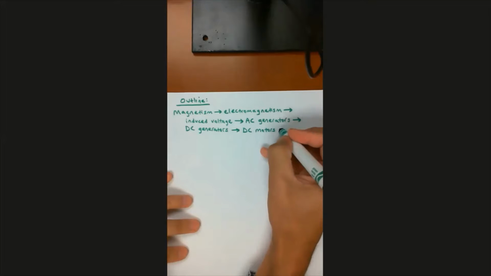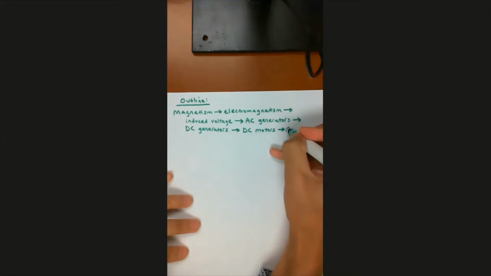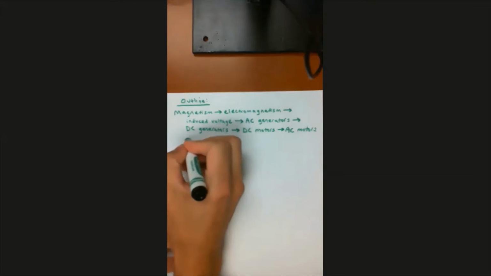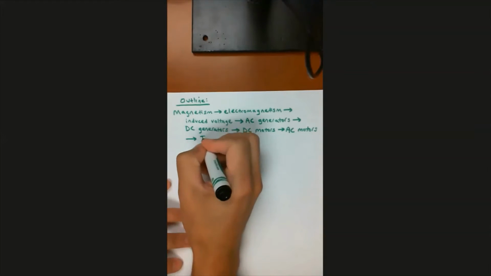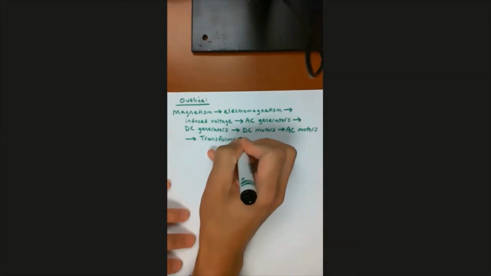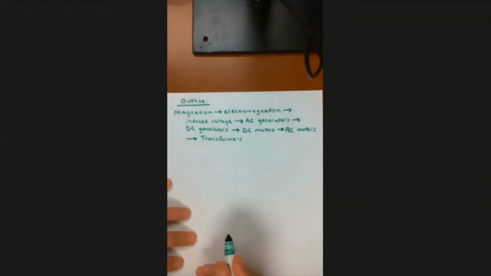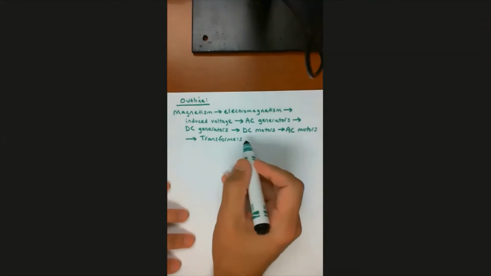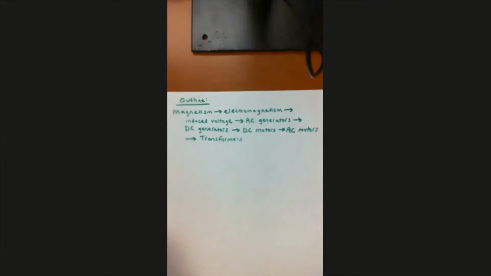After we talk about DC motors, we'll talk about AC motors. And after we've talked about all of that, it's a pretty easy last step to talk about transformers. That's where we're going to leave off and have the second exam. So that's what we're going to talk about over the next month to 6 weeks or so.